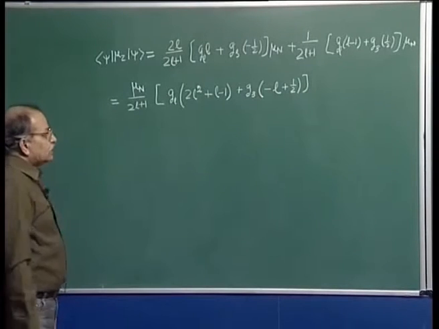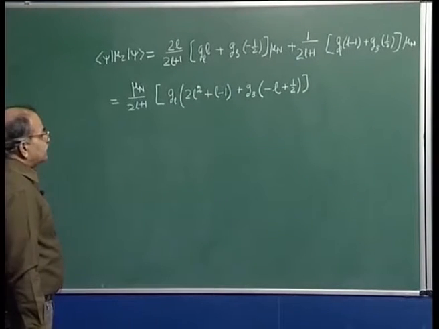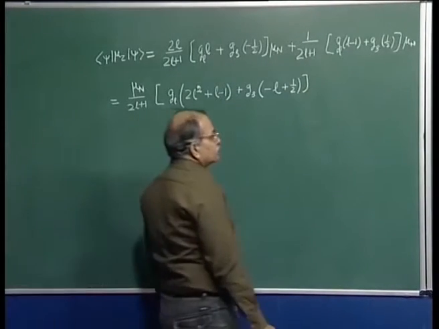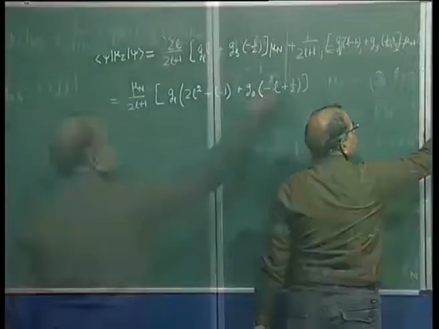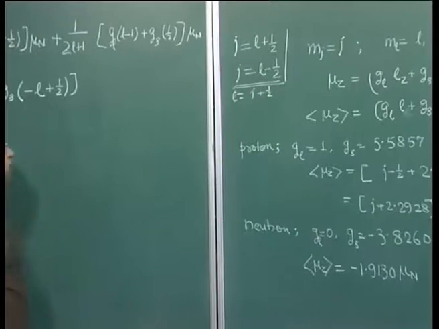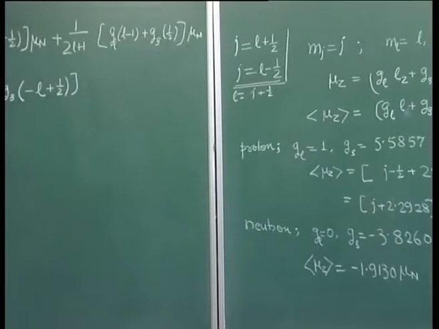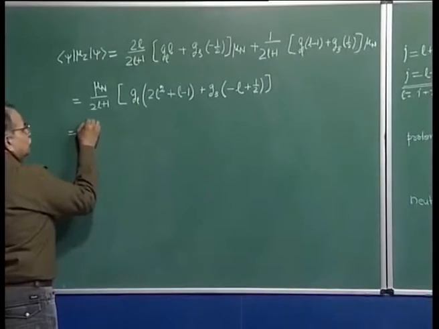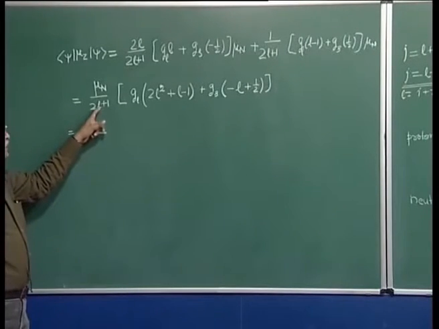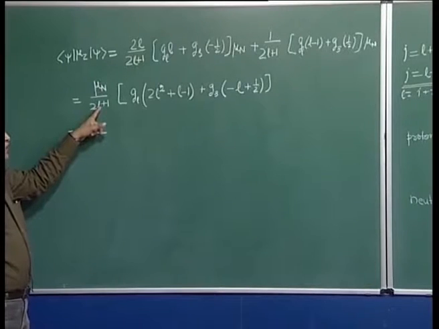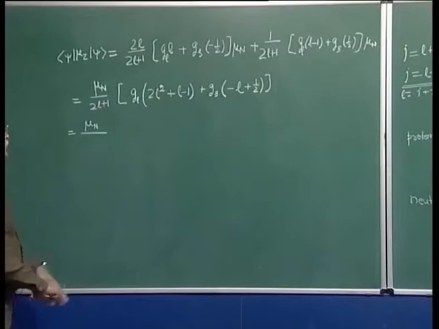right. So, let us write it in terms of J, since J is L minus half, L is J plus half. So, in place of L, let us write J plus half. This is mu n divided by L is J plus half. So, 2L is 2J plus 1 and another plus 1.